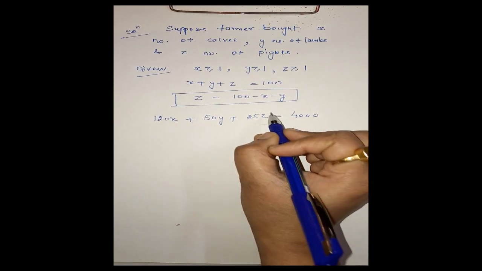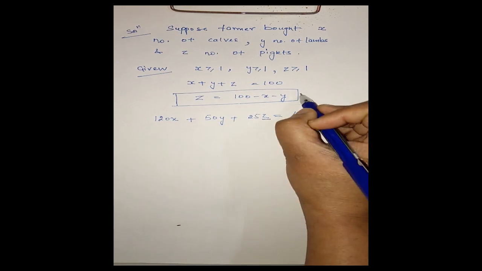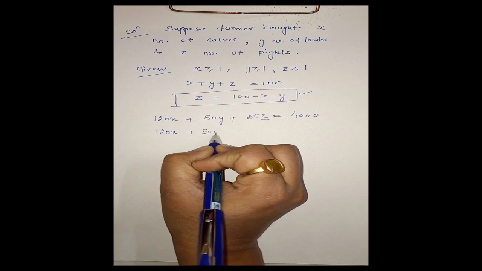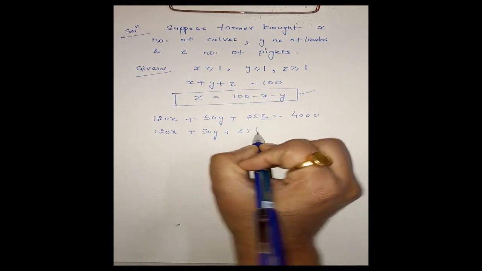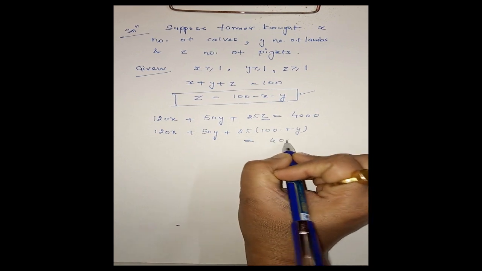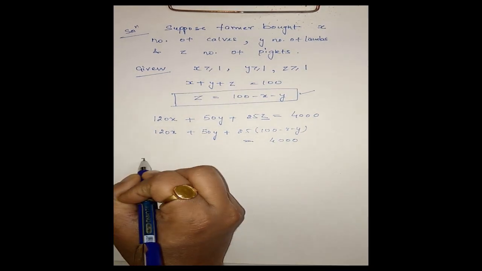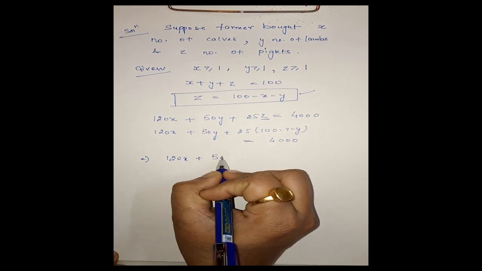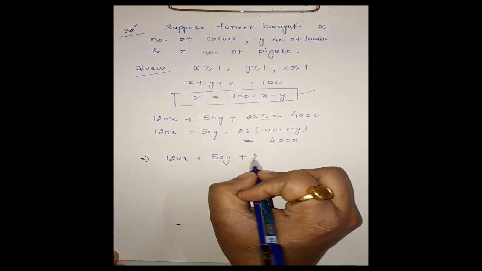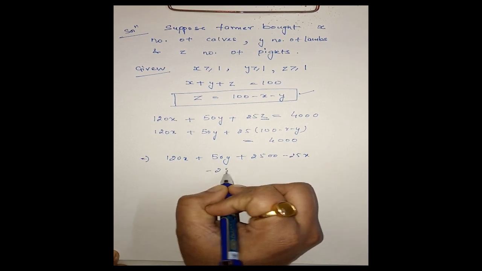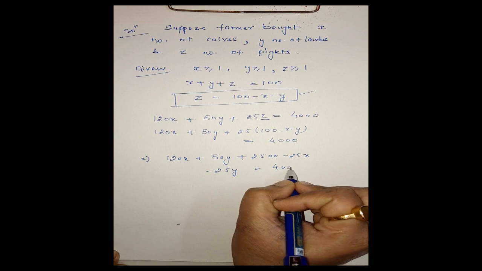Clear? Now on substituting the value of Z from here, we get 120X plus 50Y plus 25 into (100 minus X minus Y), and this whole is equal to 4,000. Now on simplifying this, we get 120X plus 50Y plus 2500 minus 25X minus 25Y is equal to 4,000.